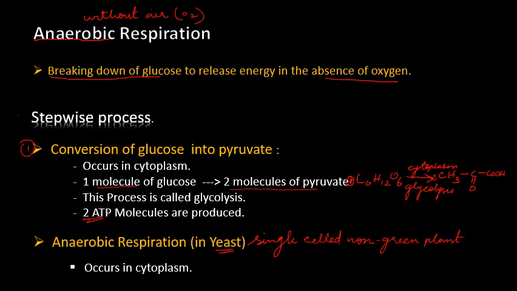So what is a multicellular fungus? Yeah, it is mushroom. So in the aerobic respiration, the end product of glycolysis, that is pyruvate, moves into mitochondria. There in the presence of oxygen, this pyruvate releases energy. And here, this whole respiration takes place in cytoplasm itself.